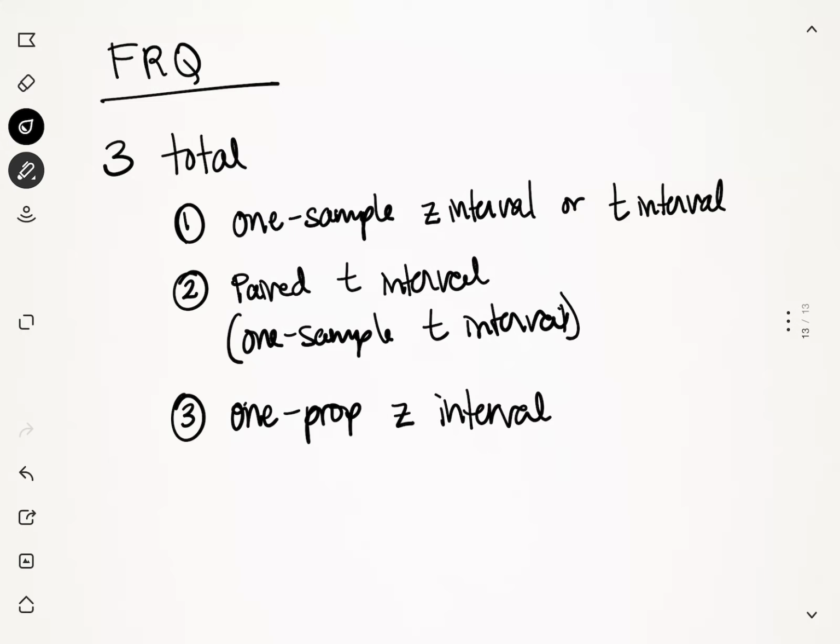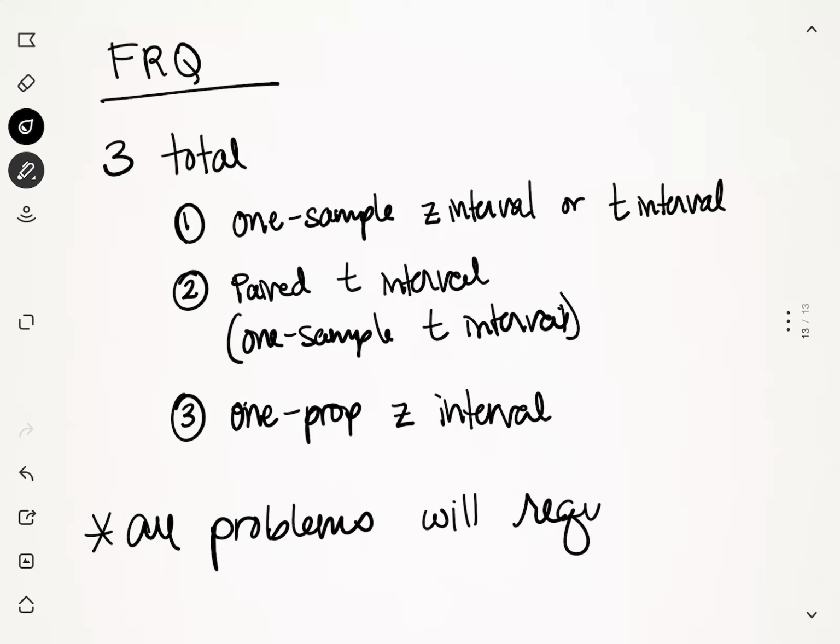And all of these are going to require the four-step process. So what that means is you, 1, state your parameter. 2, check your 3 conditions. 3, make your calculations.